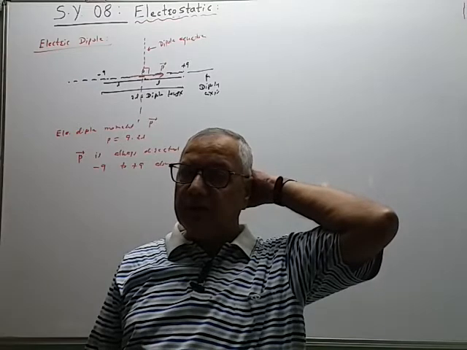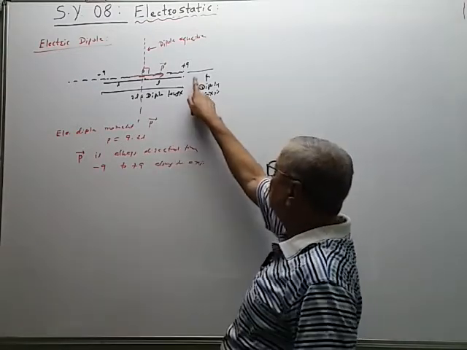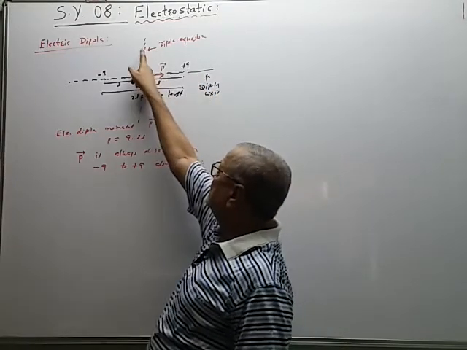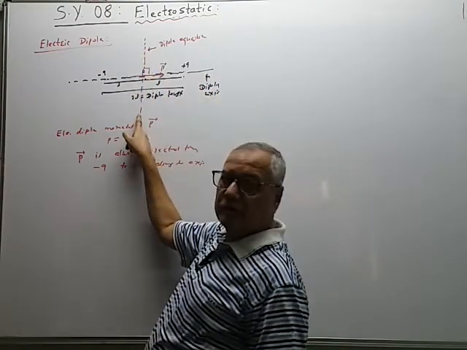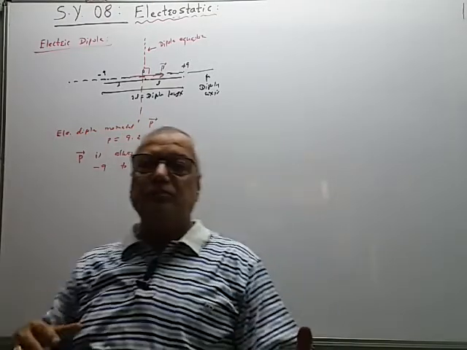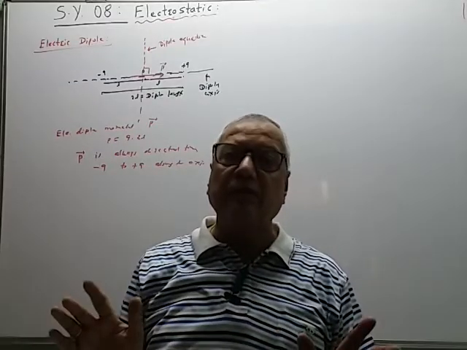So we have to determine the potential at any point. If the point is considered here on the axis, then it is called as the axial point. If the point is considered here or here, it is on the equator, it is called as the equatorial point. So we are going to consider the point P which is not lying on the axis, which is not lying on the equator.